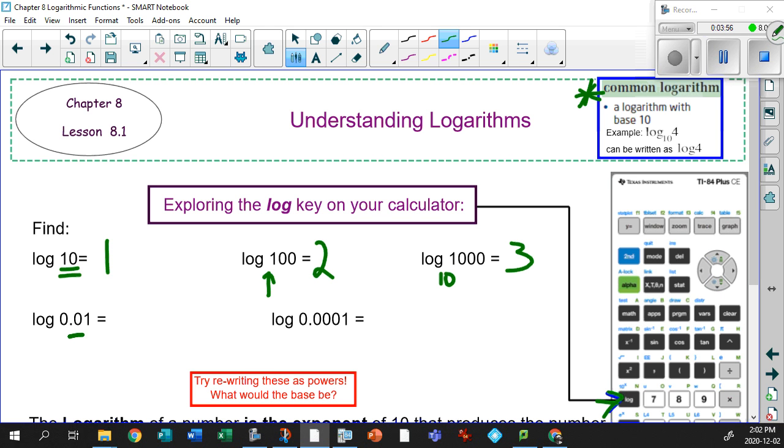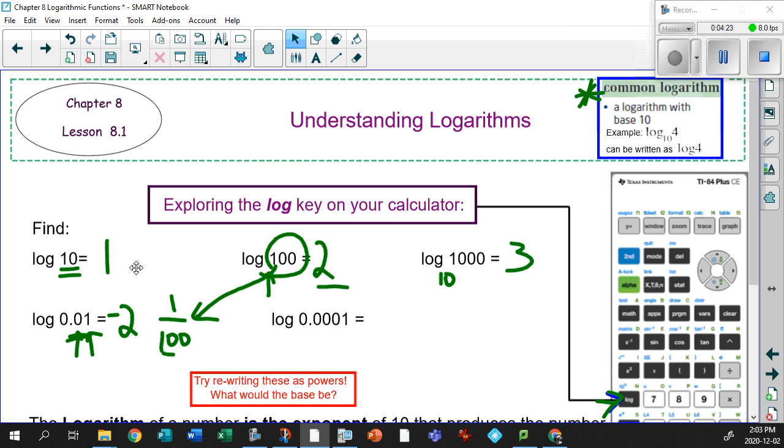Uh-oh, what do we do with this? Well, that's the 10th position, that's the 100th position, so this is like 1 over 100. I know that 100 is 2, but don't forget, this isn't just 2, this is now flipped. So I bet that's going to give me an answer of -2.